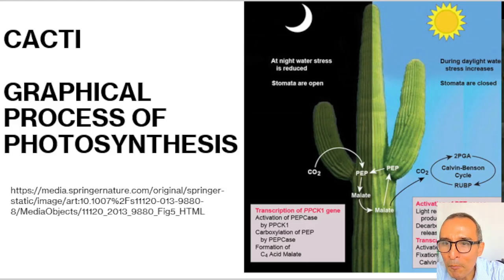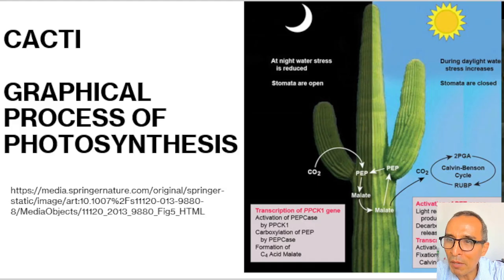during the night, the activation of PEPCase by PPCK1 and carboxylation of PEP by PEPCase and formation of the C4 acid malate occurs in the night, where the stomata are open and it receives as much as possible of the carbon dioxide, and it gets inside the vacuoles and is conserved there.